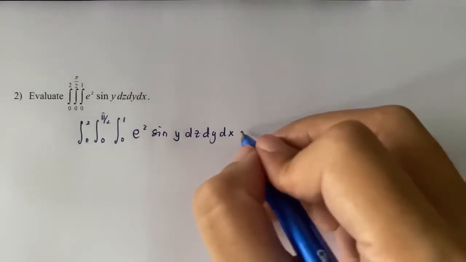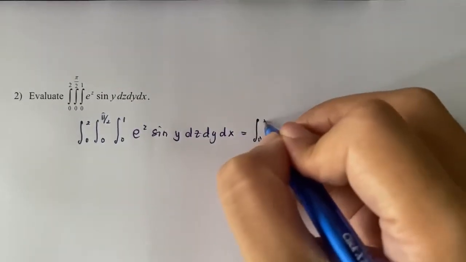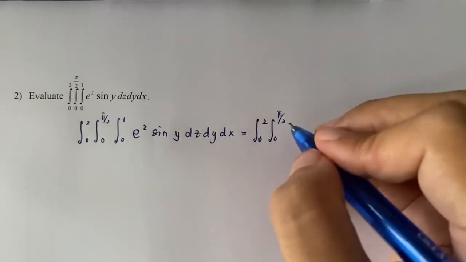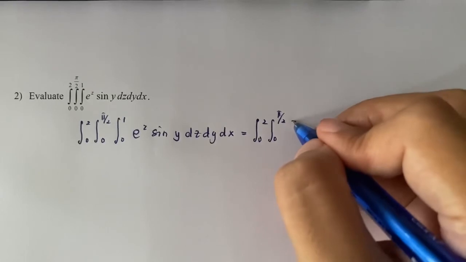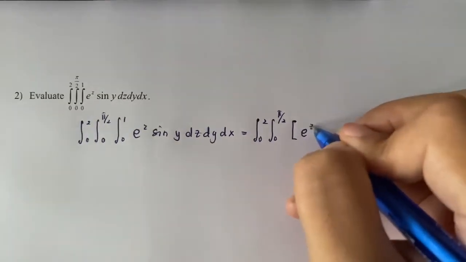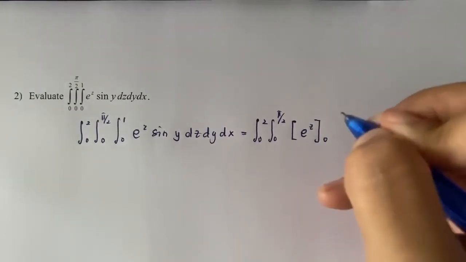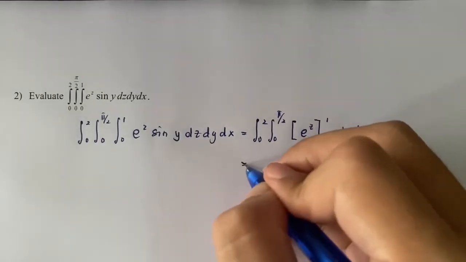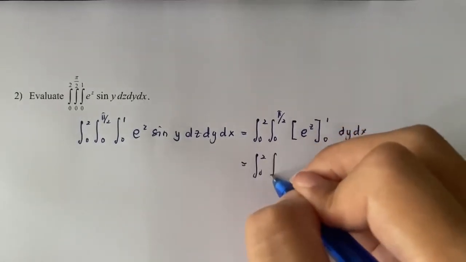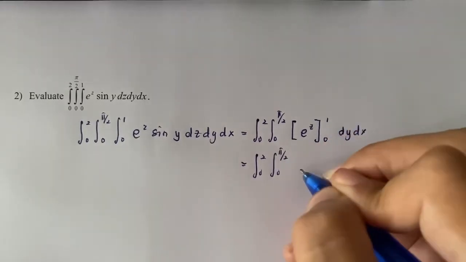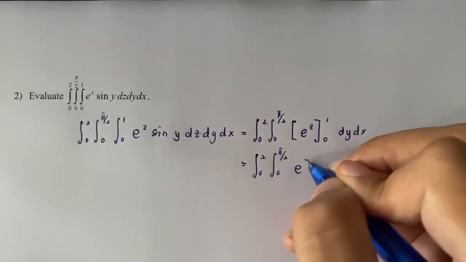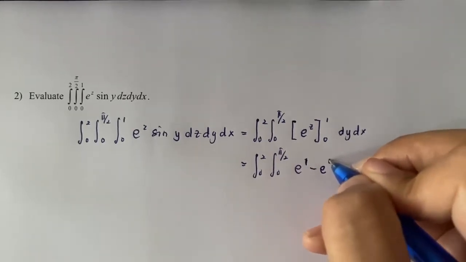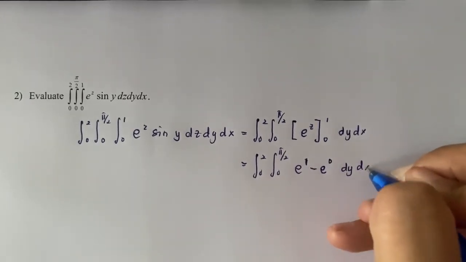So this is the integral from 0 to 2, 0 to pi over 2, of e^z substituted, e^1 minus e^0, dy dx.